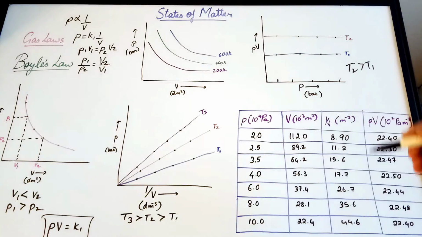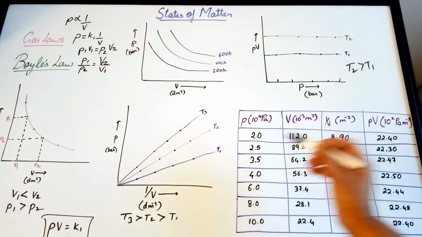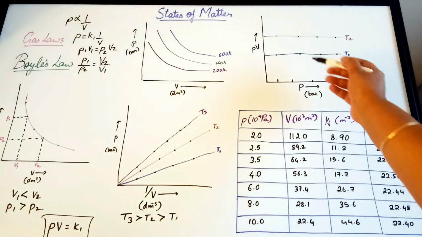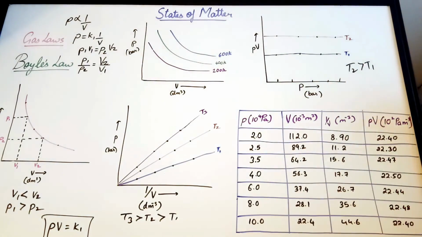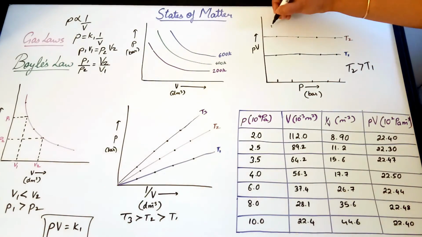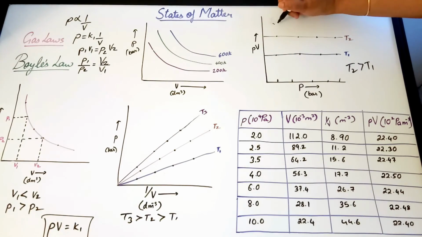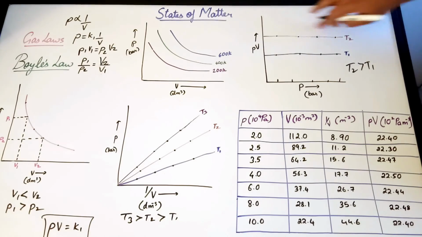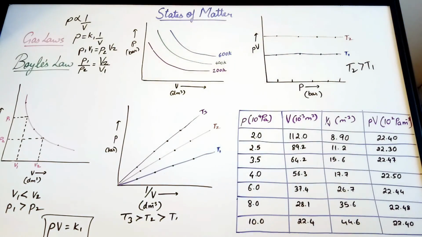And when we plot a graph between the pressure and PV, the product of pressure and volume, we will actually get a straight line. You might not get it perfectly, but these values are very close, and because of that, we will get a straight line.